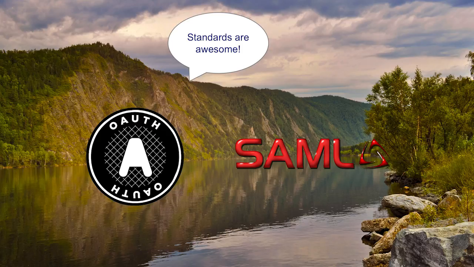OpenID Connect was nowhere to be seen yet. It was sort of a twinkle in Nat Sakamura's eye at that point, but it wasn't around. But these two were kind of ruling the land, and some of us that are into thinking about identity a lot saw that there was a hole in this puzzle.